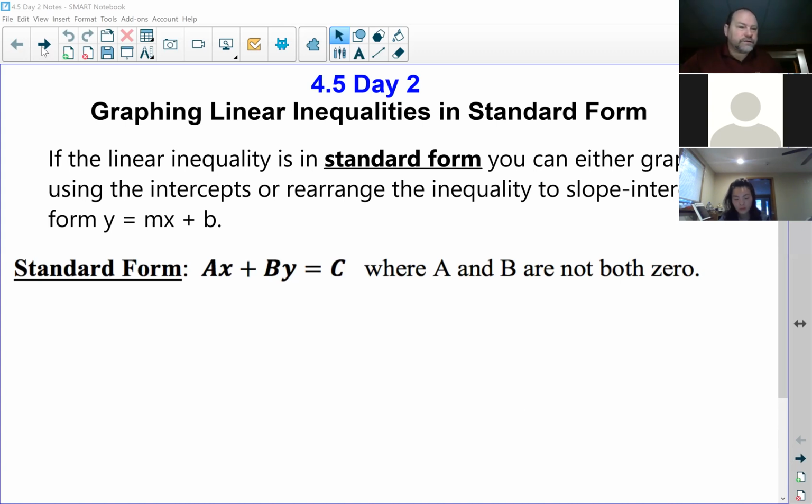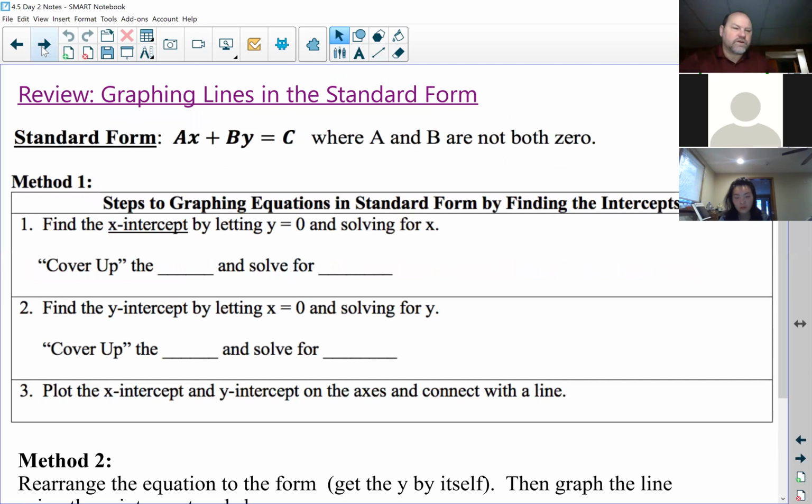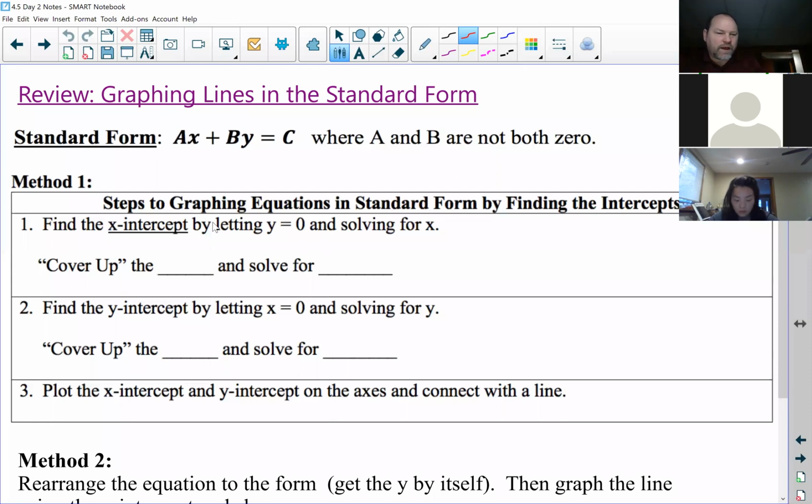All right. So, graphing lines in standard form. One method is sometimes called the cover-up method. To find the x-intercept, you let y equals 0 and solve for x. One way to think about that is you cover up the term with the y and solve for x.